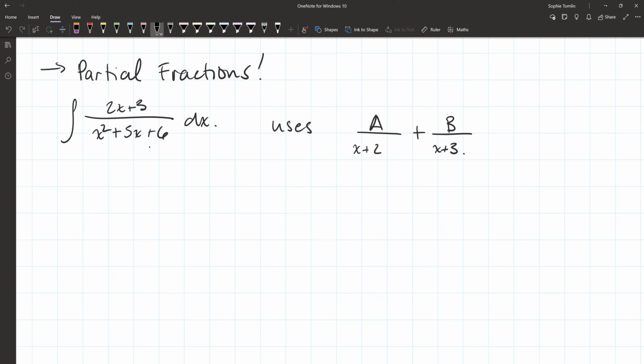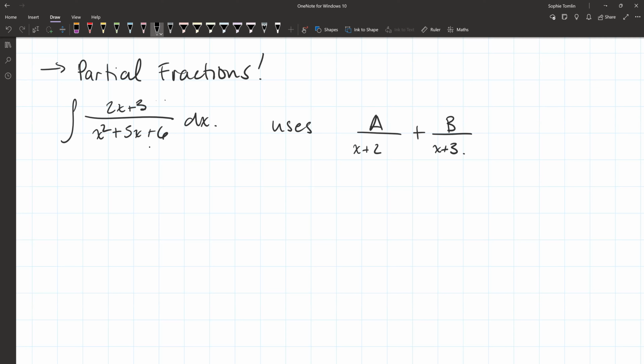In the case where you had the opposite, where the numerator was larger than the denominator, you have to go through long division in order to get something you can integrate. If you wanted to choose partial fractions, you'd have to make sure that the degree of the numerator is smaller than the degree of the denominator.